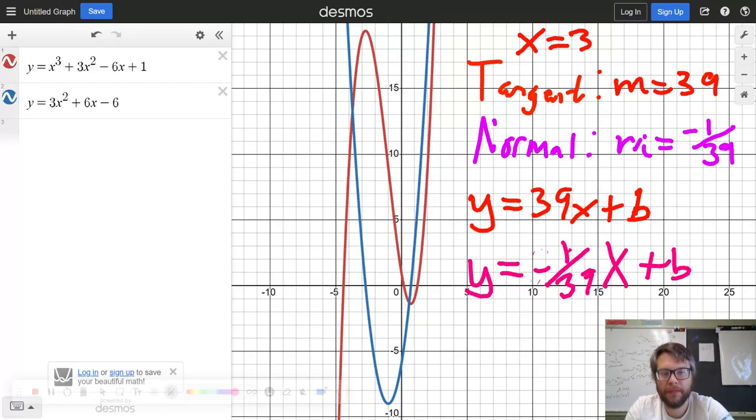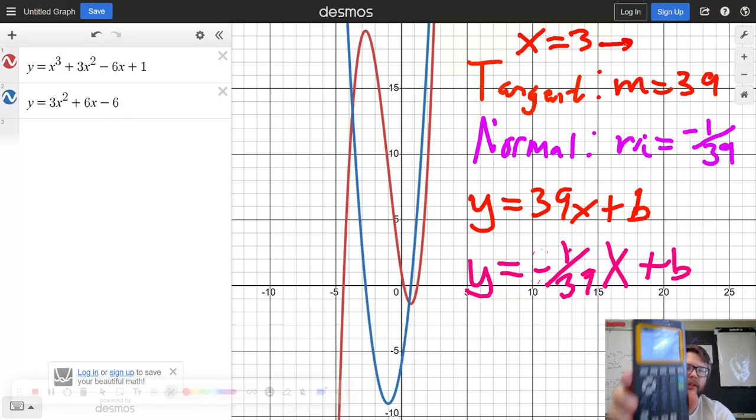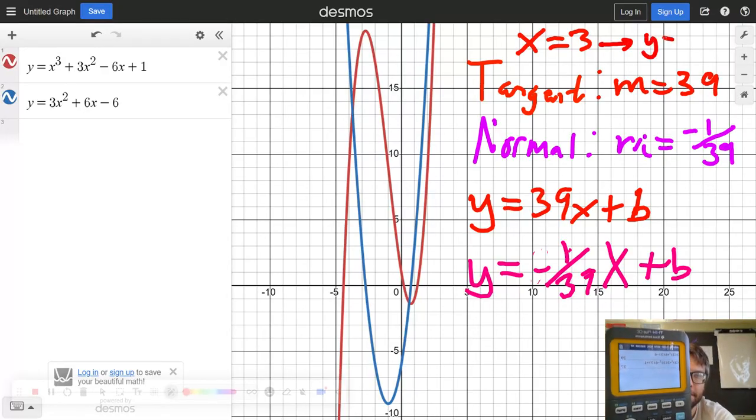So how do you get the b? You just got to plug in an x and a y value. We said that x was equal to 3, so let's get the y value by using the original function. I typed it into the original function there and I got 37. So I take x equals 3, y equals 37, and I plug it in.